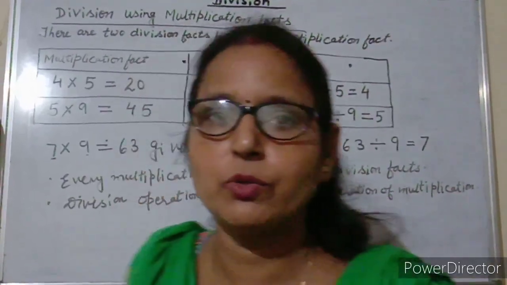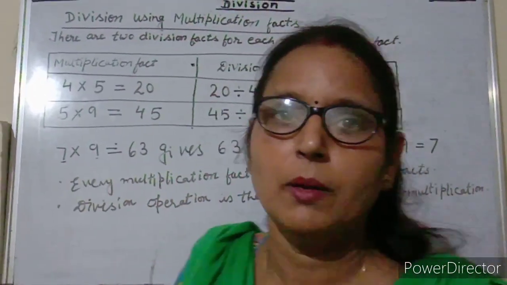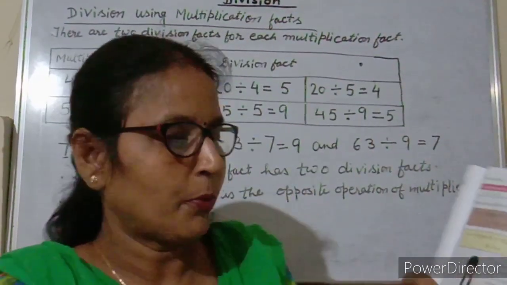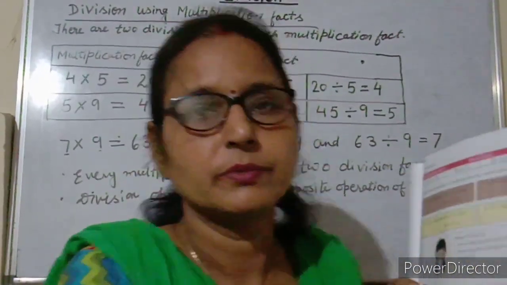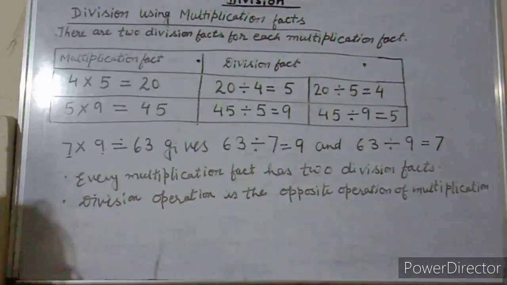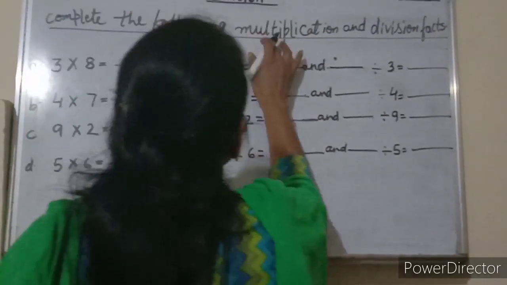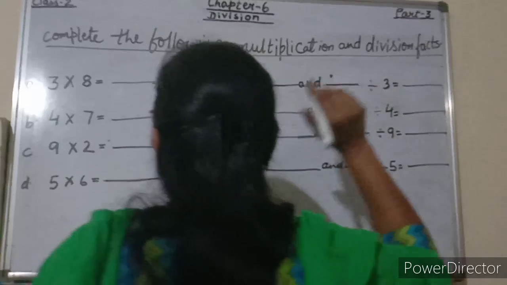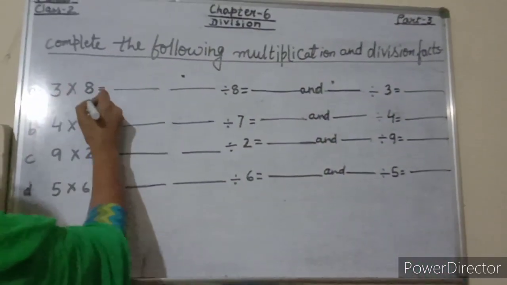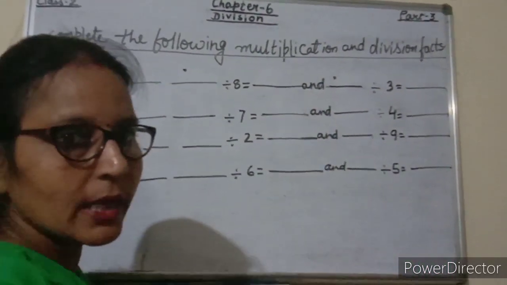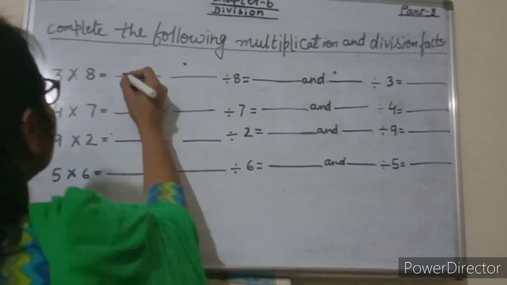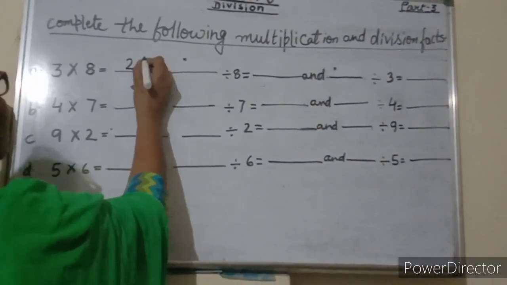Now students, I am going to give you some questions from your maths course book. Checkpoint question number 5. Now start students. Complete the following multiplication and division facts. So 3 into 8. So 3 eights are, yes, 24.